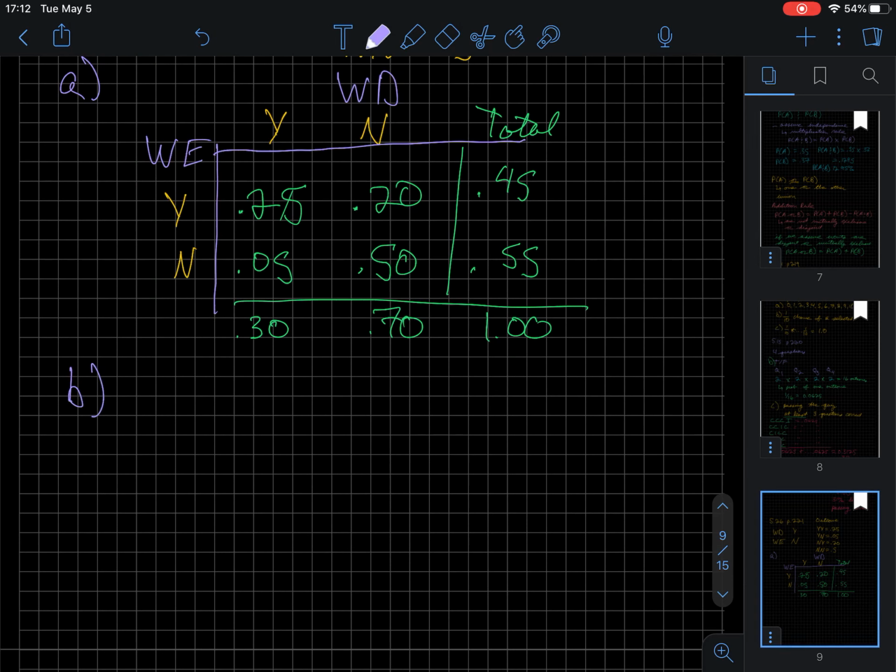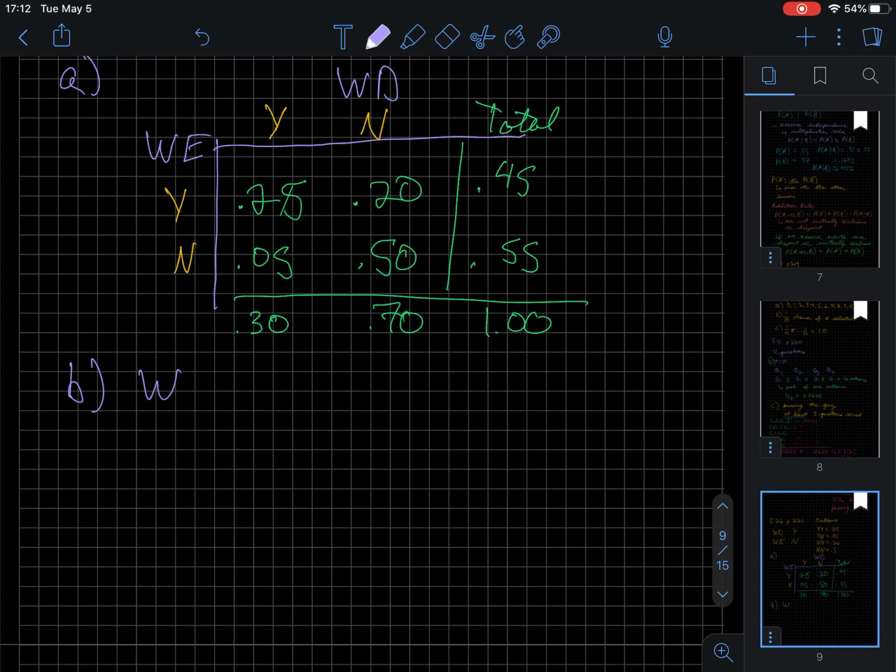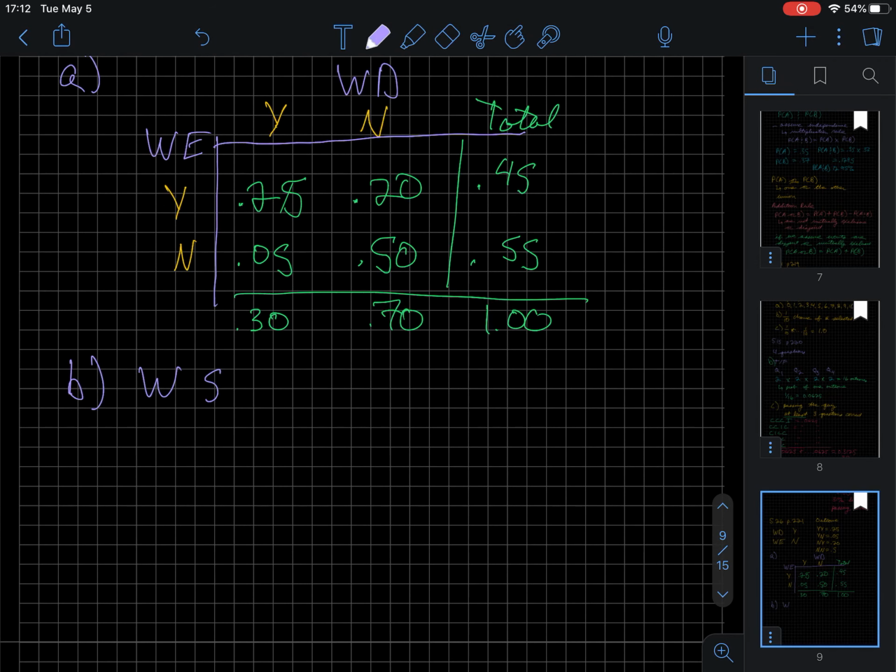So B: let W denote the event that the customer bought a newspaper during the week, and S be the event that he or she bought it on the weekend. So W is the weekday and S is the weekend.